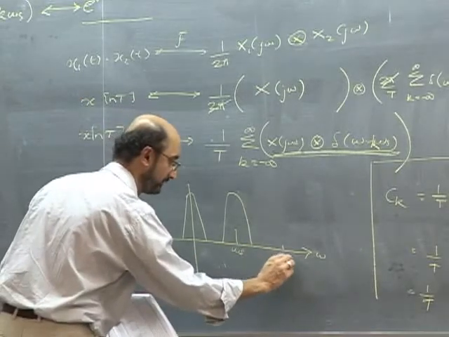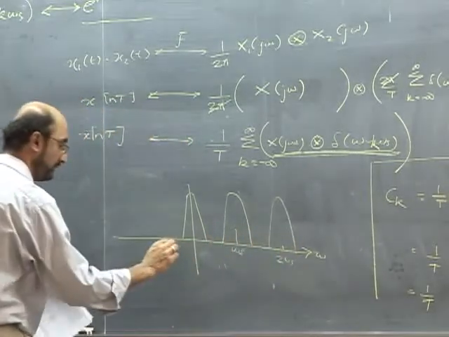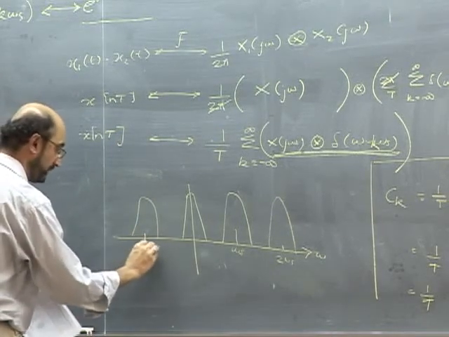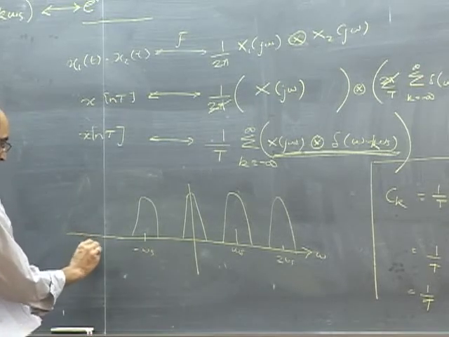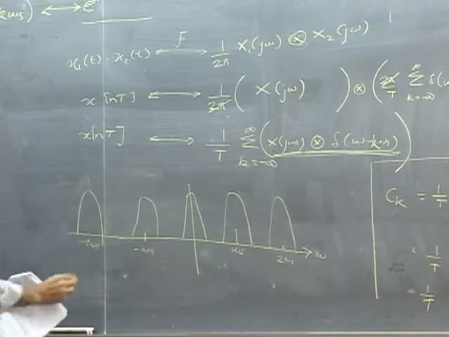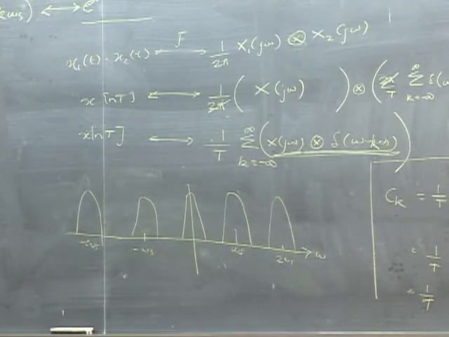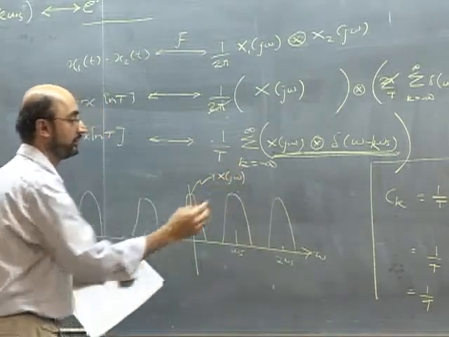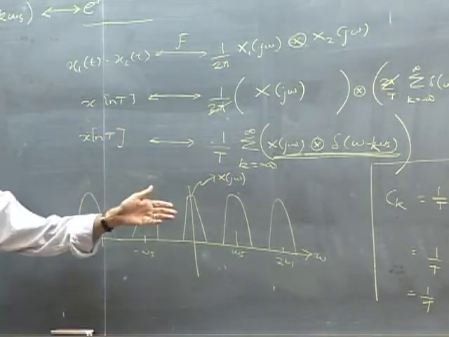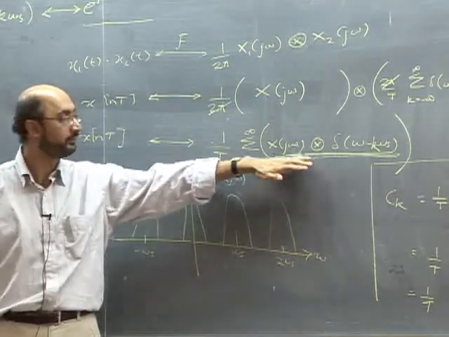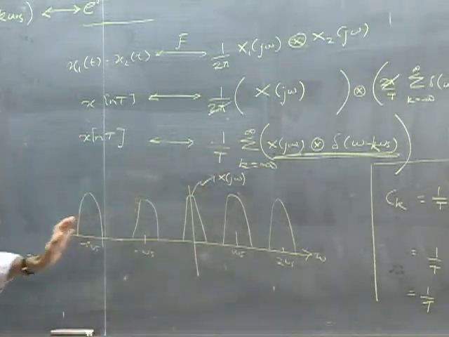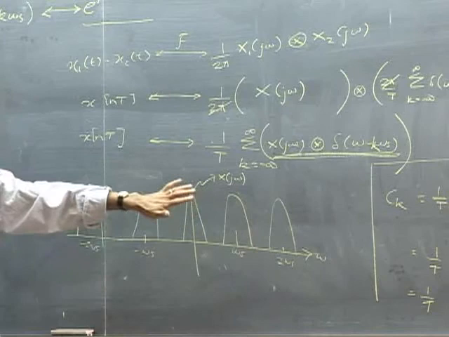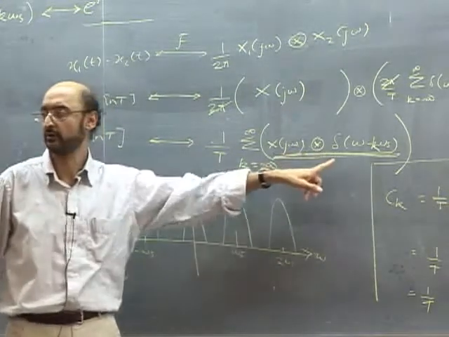This is going to be 2ω_s, and this is going to be minus ω_s, minus 2ω_s. So if this thing over here is X(jω), whatever the function is, then this product is this thing over here, where each individual bump was obtained by this convolution.